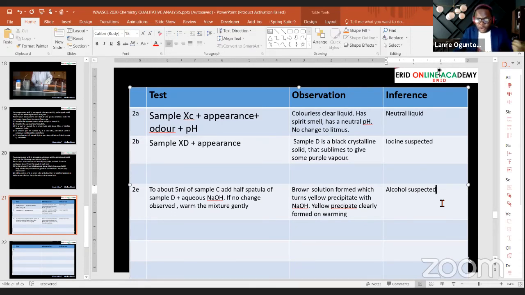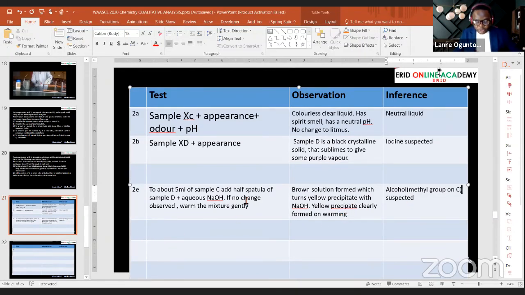And of course, we said earlier that this alcohol could be a primary alcohol or a secondary alcohol with a methyl group on carbon. That's the kind of alcohol that can form the iodoform test.